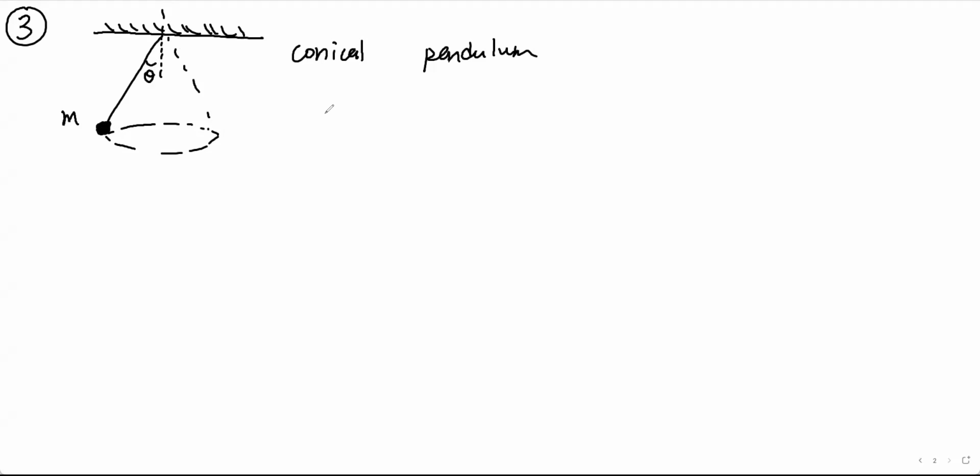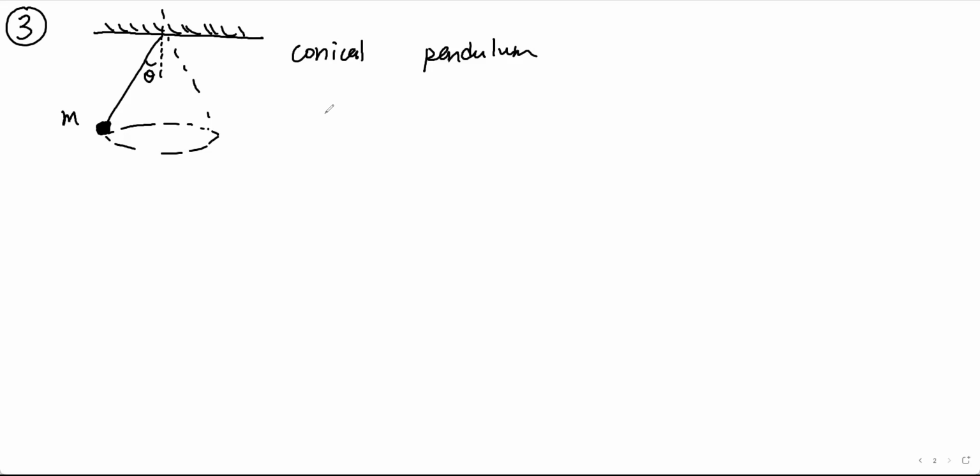But the bob or the ball may be moving on a horizontal circle. So let me demonstrate to you. It's just like this one. This is a conical pendulum. And then we also want to relate the tension, the weight of the object and also the angle of the object.